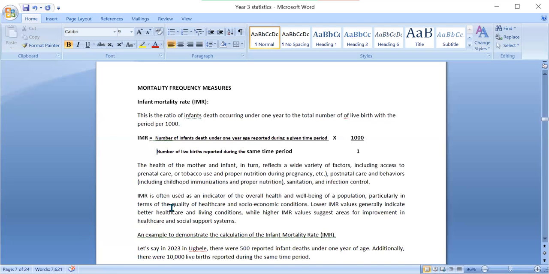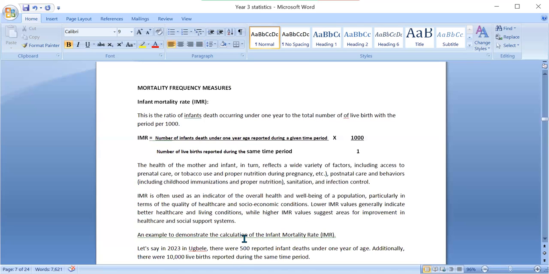So IMR is often used as an indicator of the overall health and well-being of a population, particularly the quality of healthcare. If there is adequate education, postnatal care, antenatal care, and intranatal care, IMR will reduce. It also reflects the socioeconomic condition.